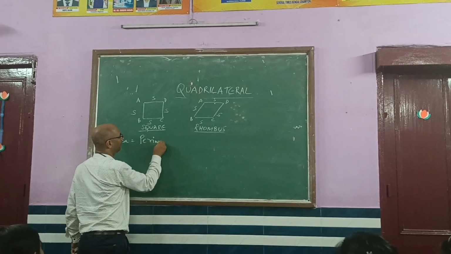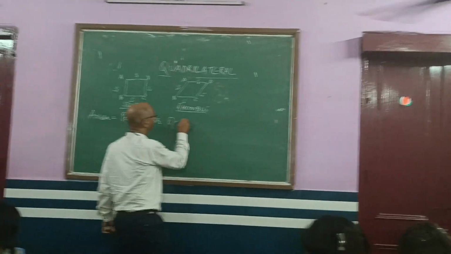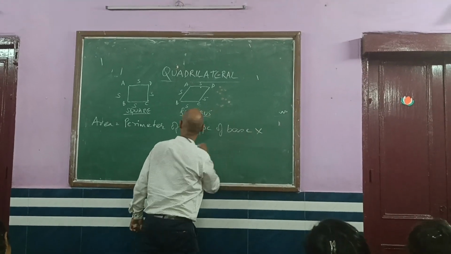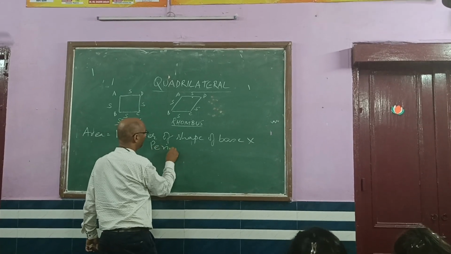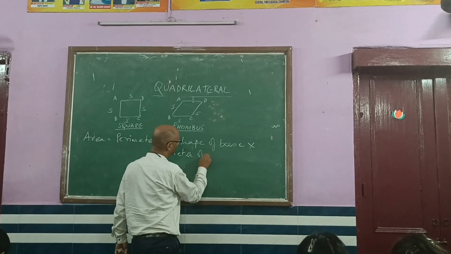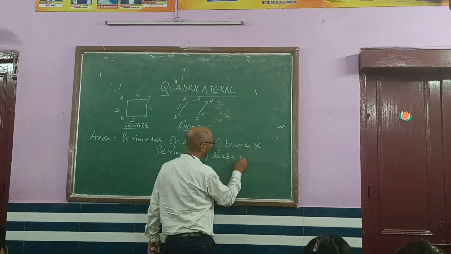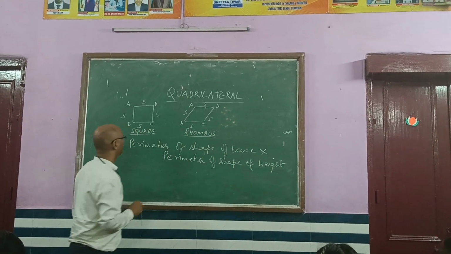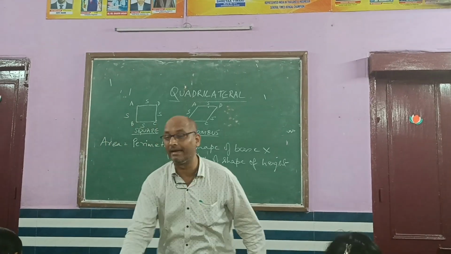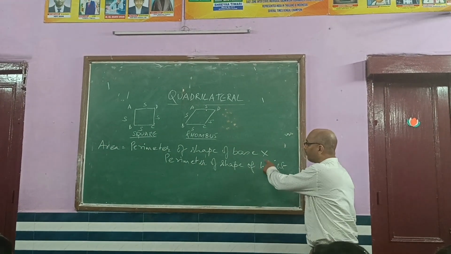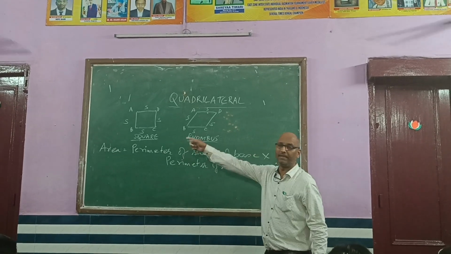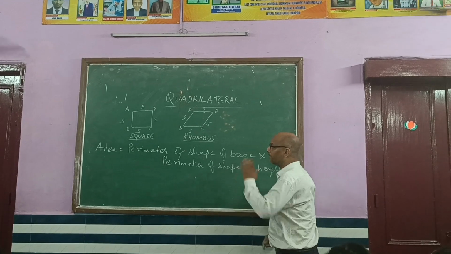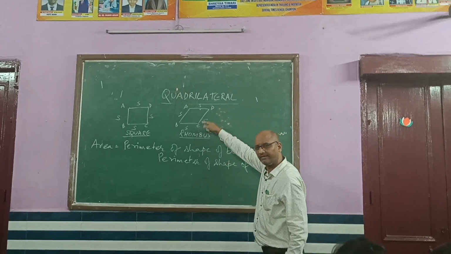Perimeter of same of base into perimeter of same of height. Now look at this. What did I say about rectangle and parallelogram? You have to look from the back. What is base in this case? BC. BC के ऊपर एक खड़ा है, ठीक है?